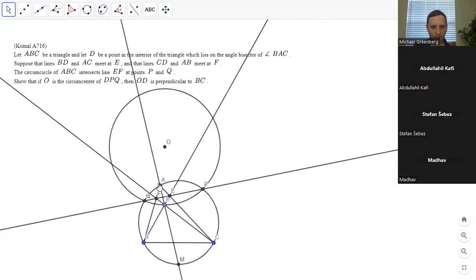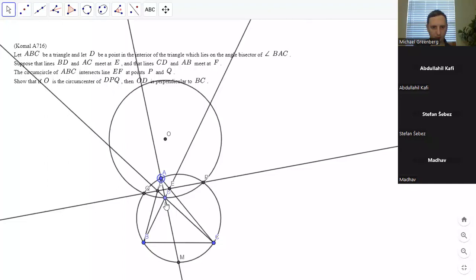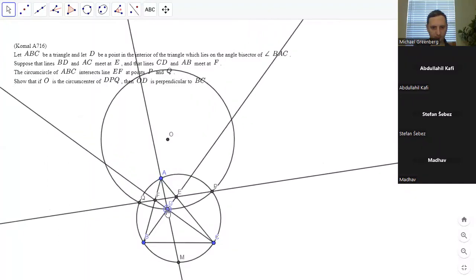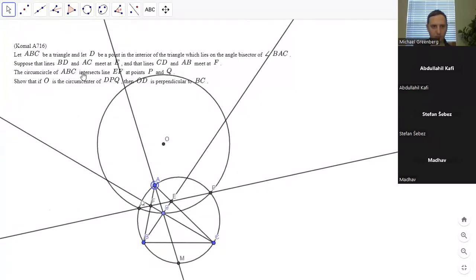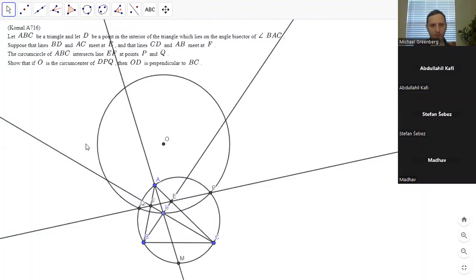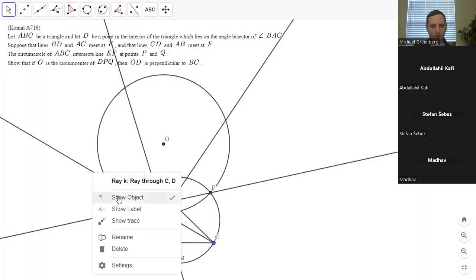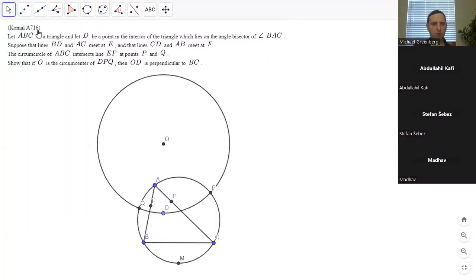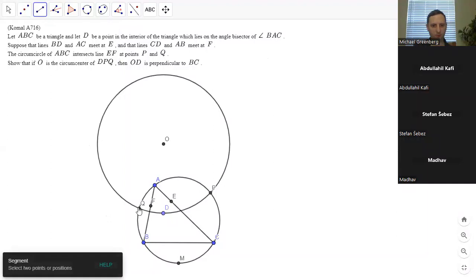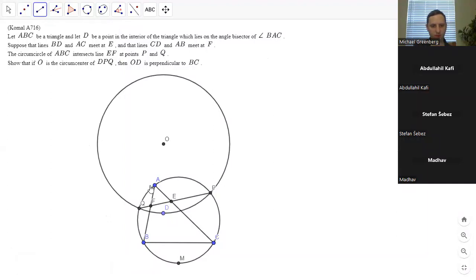Let me move it down so I can make this bigger. Something like that.